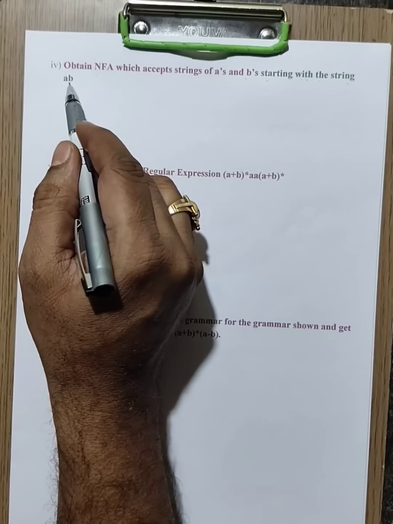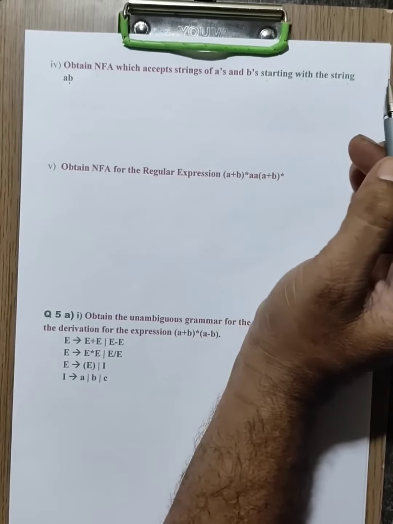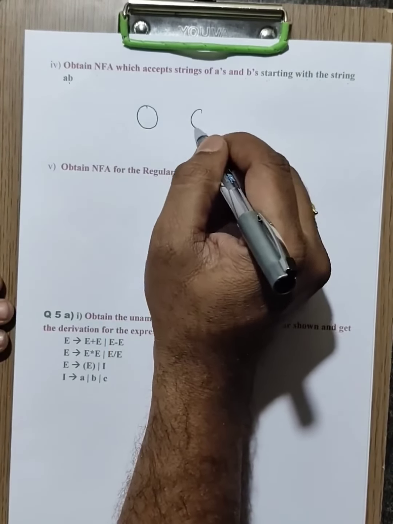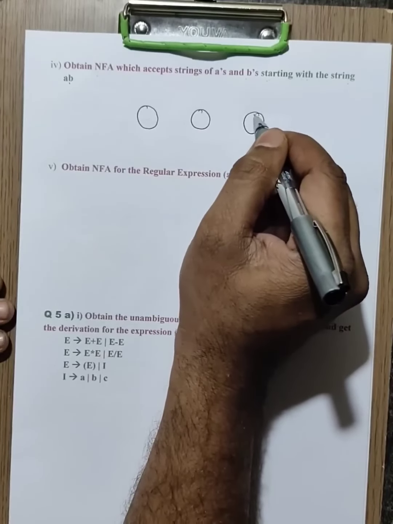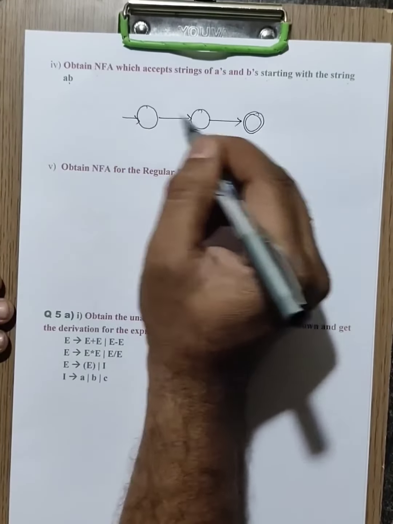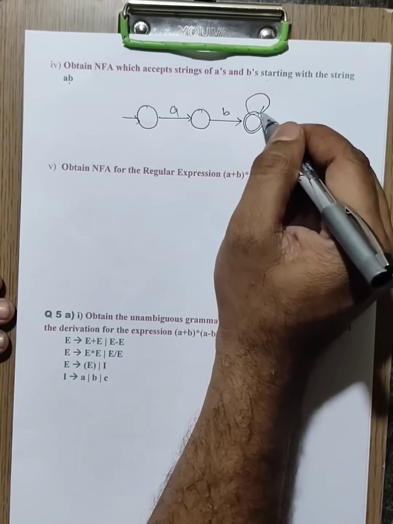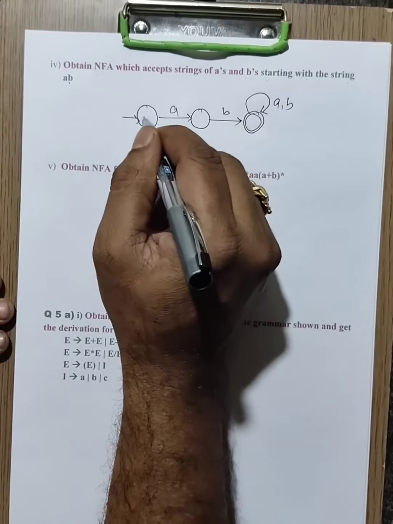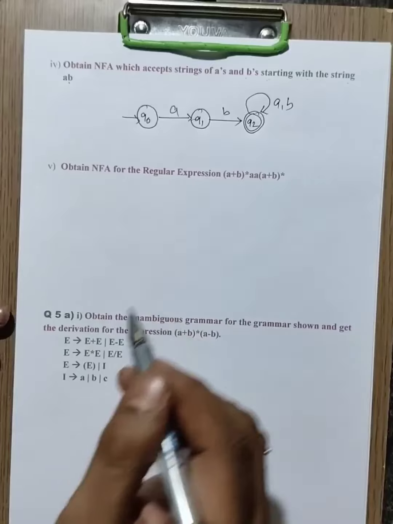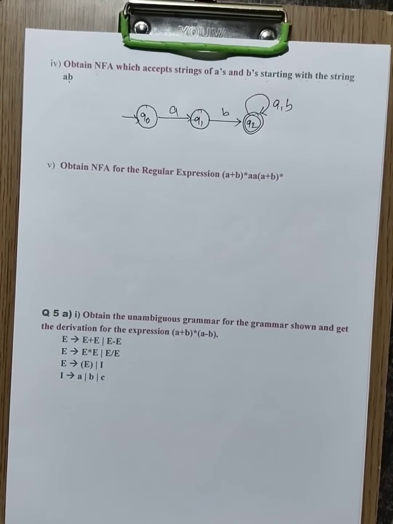In the starting itself we need AB, then you can take anything. This is the NFA. We need A, then B, and after this you can take any combination, A comma B. These are Q0, Q1 and Q2. This is the NFA to accept the strings starting with AB.